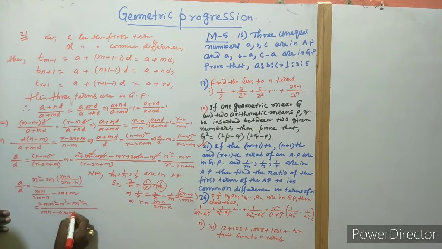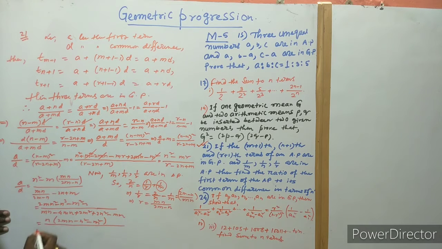And now plus 2m square, and then minus minus plus 2n square, and plus minus minus mn. Okay, and take n common here, and we are left with mn minus n square minus m square.